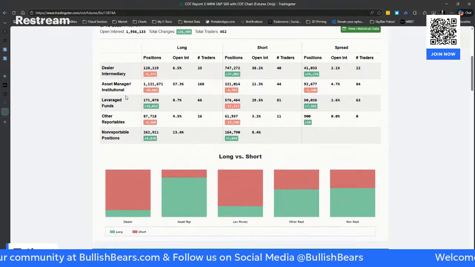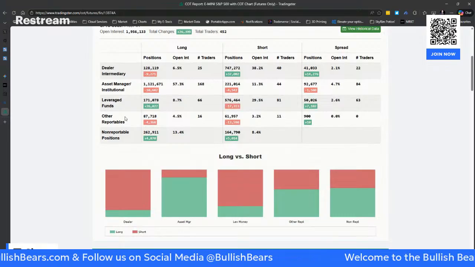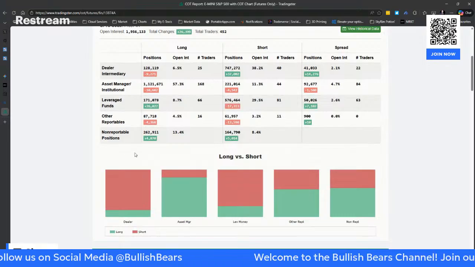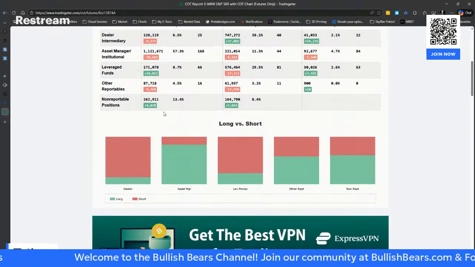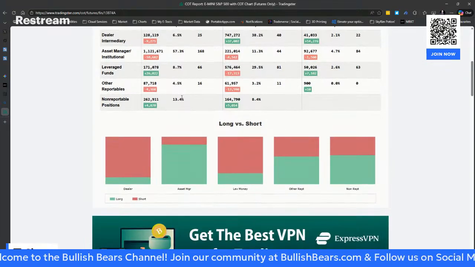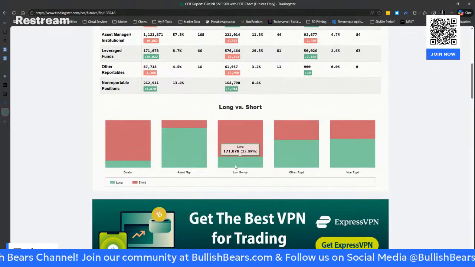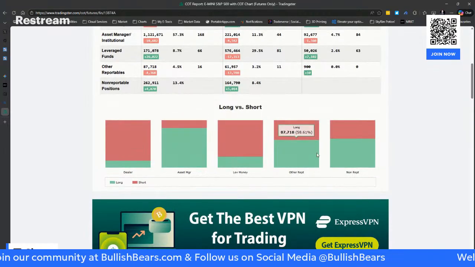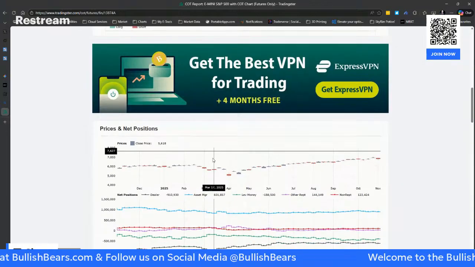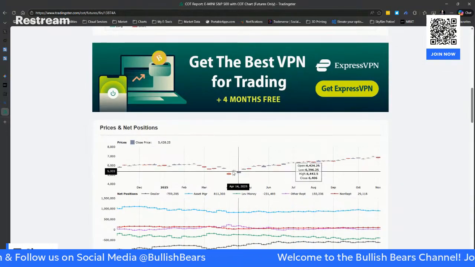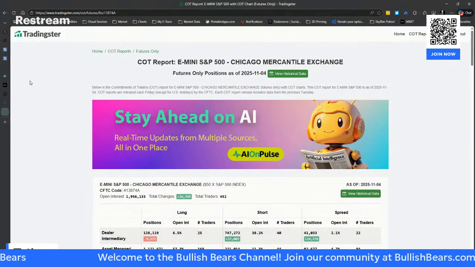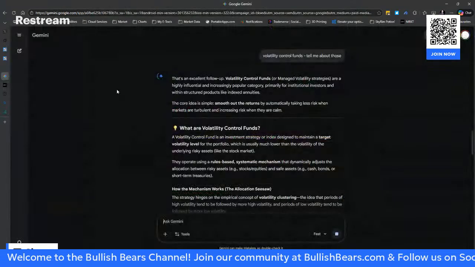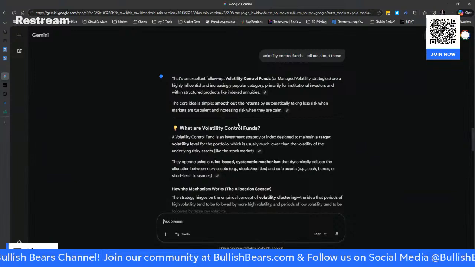This is the different groups, right? Asset manager, institutional, leveraged funds, other reportables. And I've done videos on this. And then we look at what group we want to look at and what they are, net long, net short, and then where were they and what are they doing? Are they increasing or decreasing? This all ties back into the CTAs, which ties back into the volatility control funds.